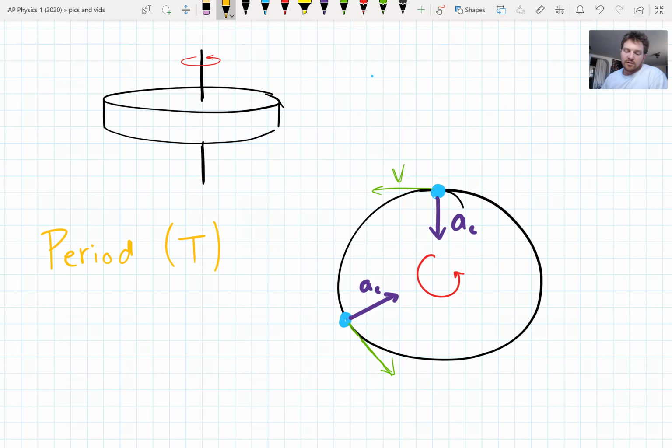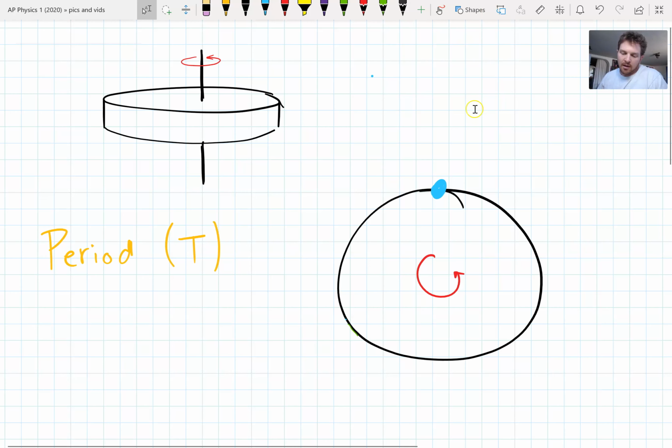There are two ways we can talk about this. If we were looking at this disk that's spinning around, because period is a time measured in seconds, it's the time for one full revolution to happen. If this object starts right here at this blue dot, by the time it goes all the way around this circle and is right back to where it started, that would be one period.